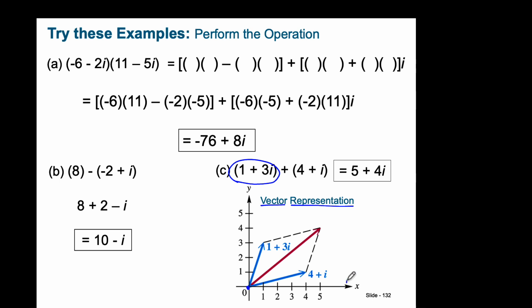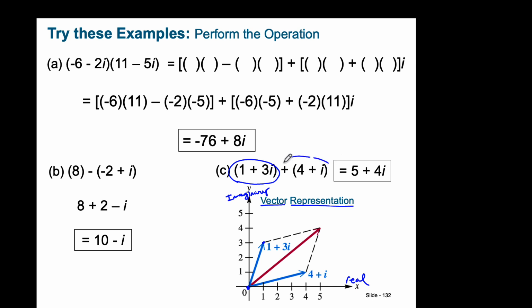The 1 is the real part of the complex number on this axis, and going up is the imaginary part. So we go over 1, up 3. That being our final destination, then we just draw the vector.